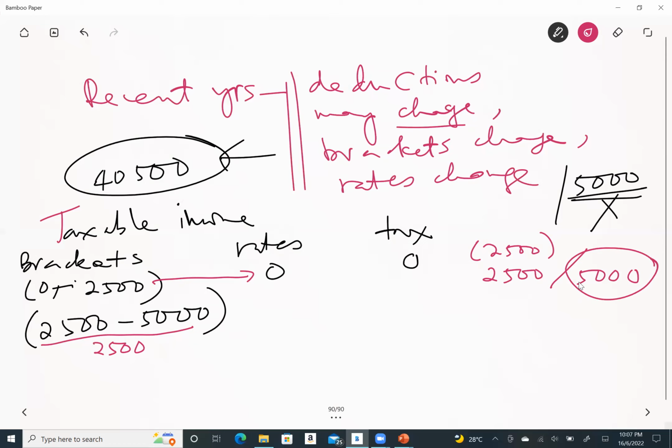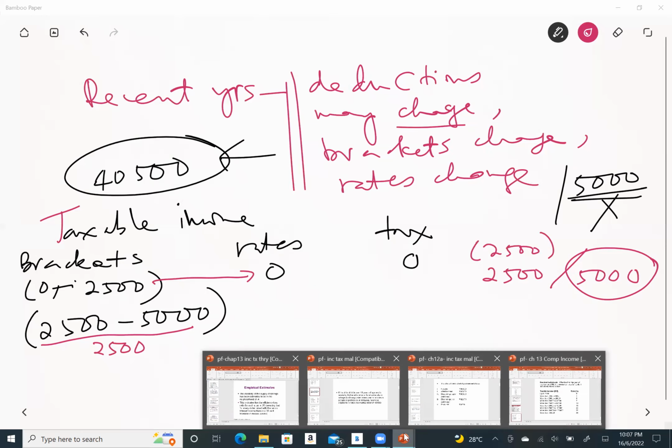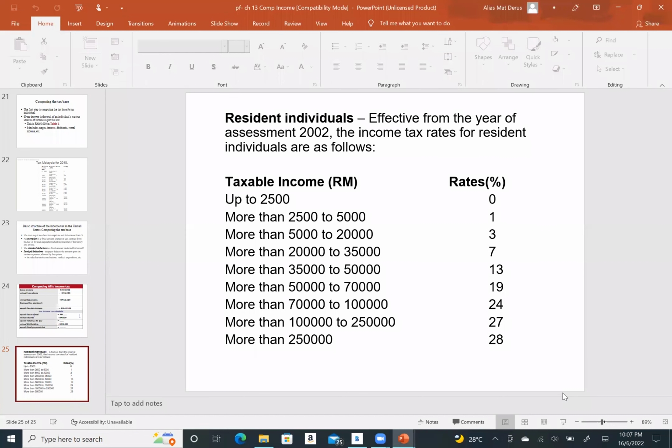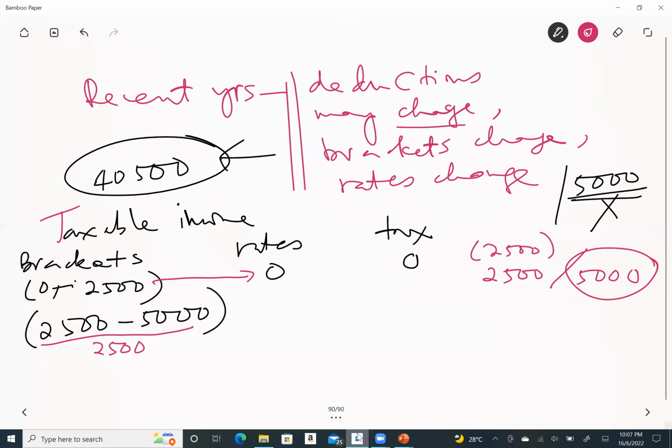Now, what is the rate? The rate is 1%. Is that right? Yes, 1%. So with 1%, we come up with a tax. So the rate here is 1%, equal to 0.01.